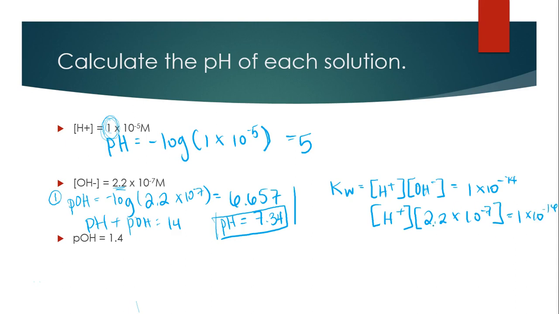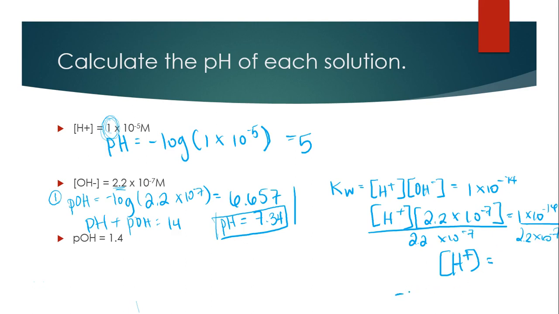So in your calculator, you divide both sides by the 2.2 times 10 to the negative 7th, and you will get that the H plus equals something, and without a calculator, I'm not sure the number.